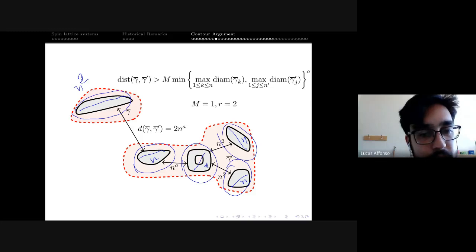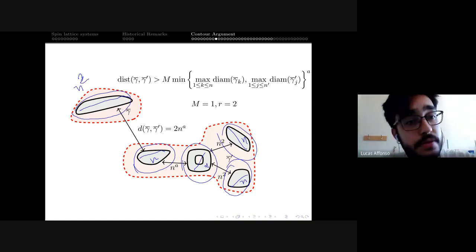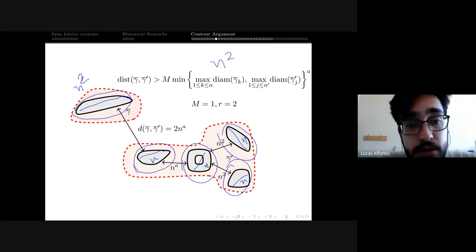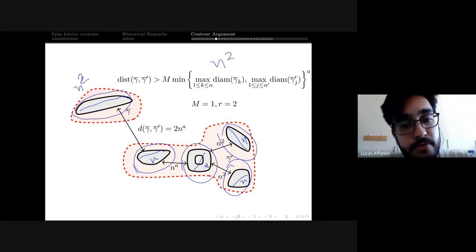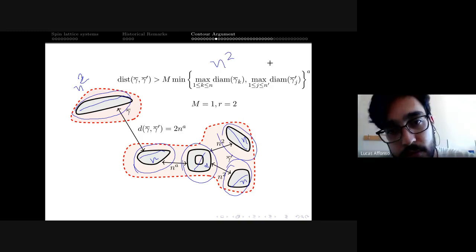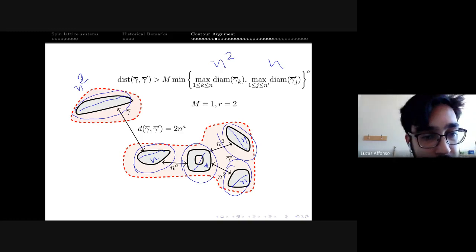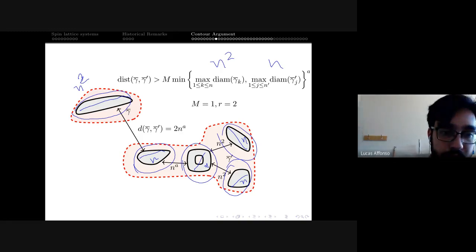So everything here has diameter n. And when we try to check the condition B2, we have that the maximum diameter of the first case, you only have one component, so it's n squared. And in the other case, you have 4 components with n diameter. So this is n. The minimum is n. So the distance should be bigger than n to the power a again. In this case, the distance is 2 times n to the power a, and you say, okay, then now this is a valid partition.